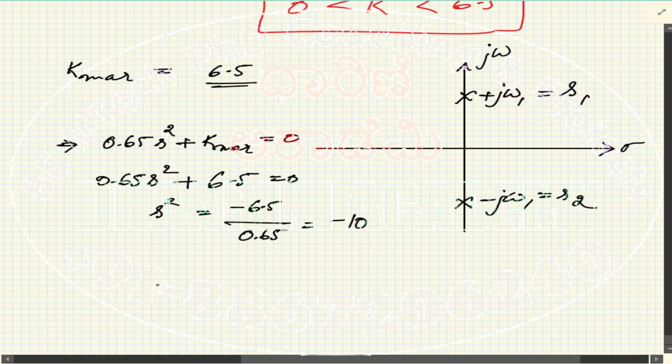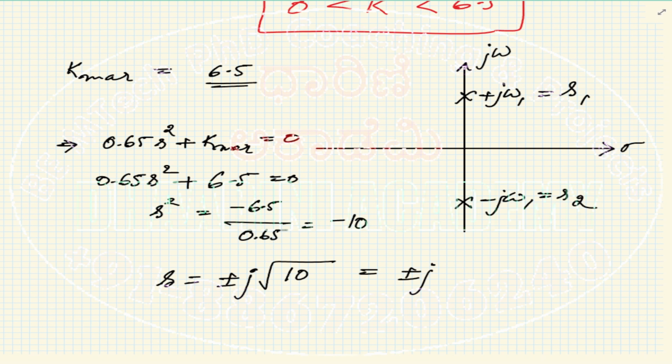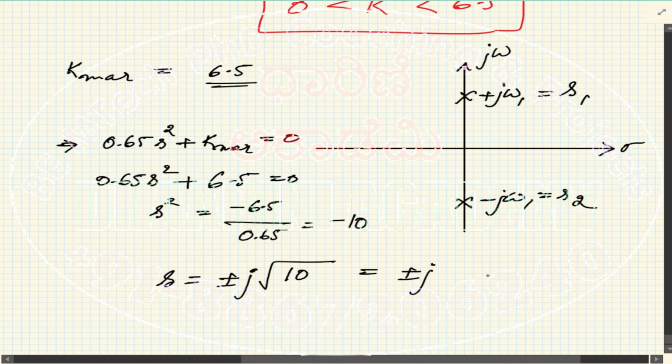So under this condition, calculate s. s is equal to plus or minus j, because it's minus 10, so root of 10, plus or minus j root 10, which is j 3.162.